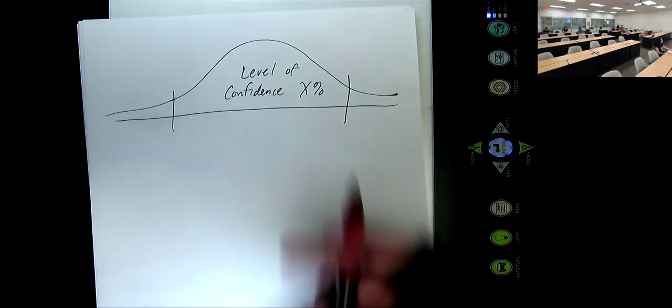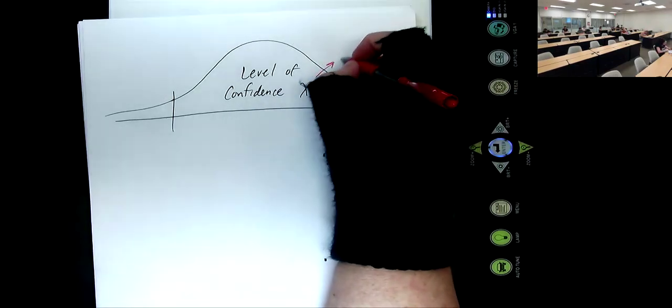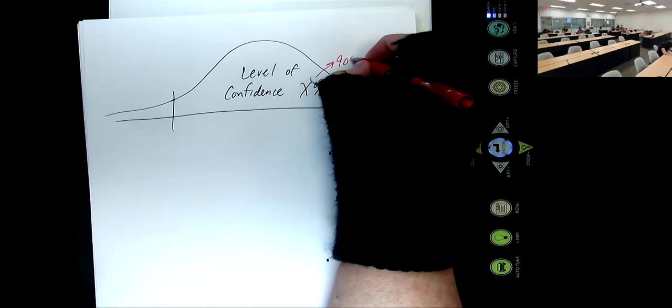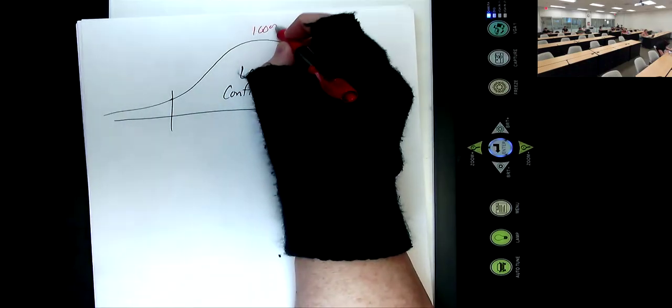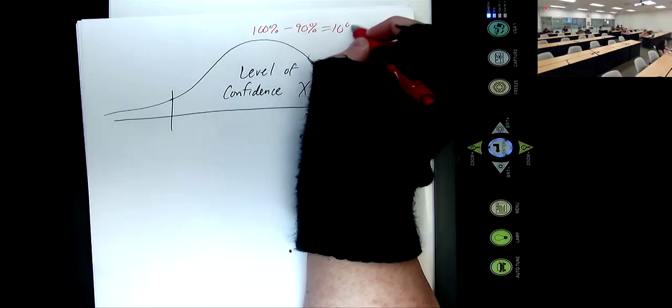Let's say X is 90%, for example. The remaining percent, 100% minus 90%, is 10%.